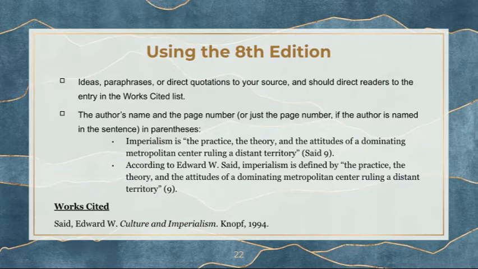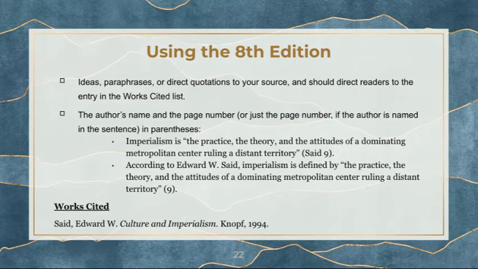Within this edition, you will need to make sure that you are citing any idea, any paraphrased example, or direct quotation to your source. This is going to help direct your readers to that entry within your works cited page that will be listed at the end of your written essay or work.